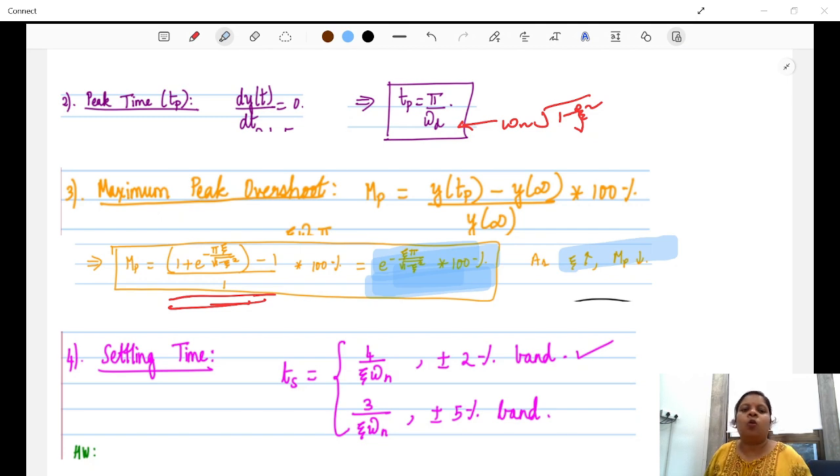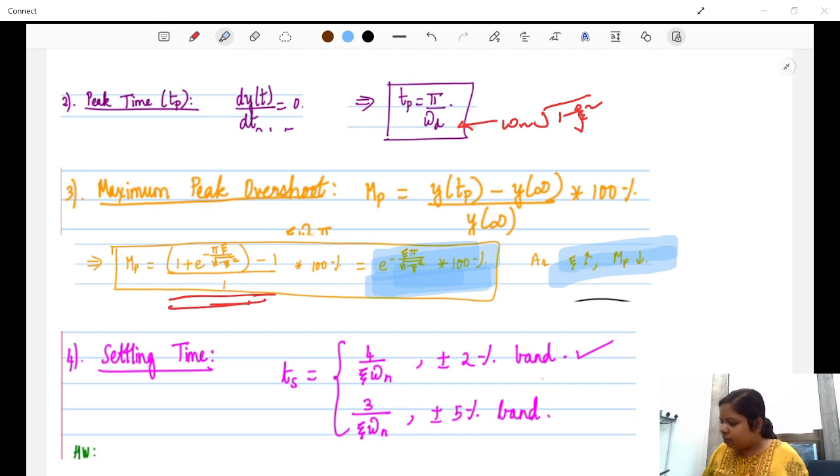It would not make an overshoot in the other direction. It would not reach the steady state value, go above that and come back and settle. It would keep getting damped and eventually reach the steady state value. That is why if zeta increases, maximum peak overshoot has to be less. If zeta is less, damping is less, then overshoot will be there. So that is why this is the case.